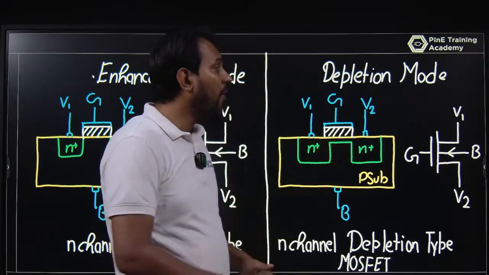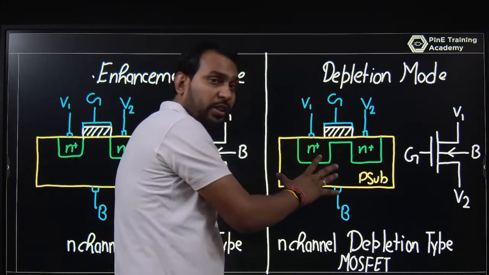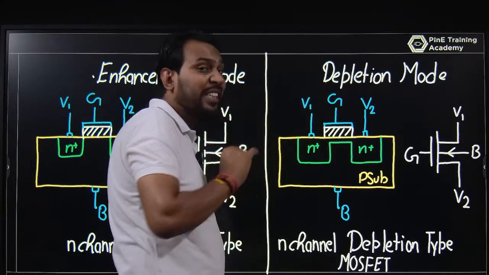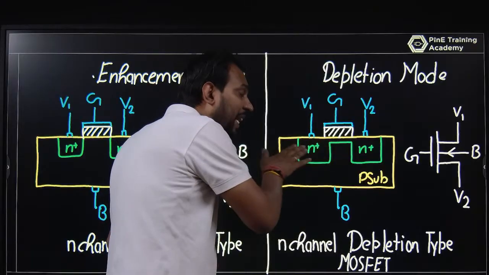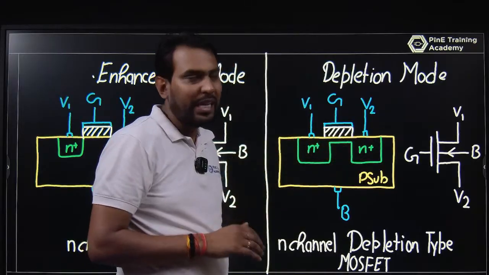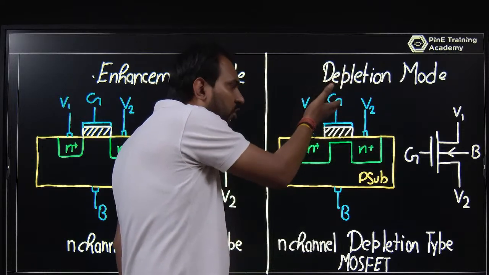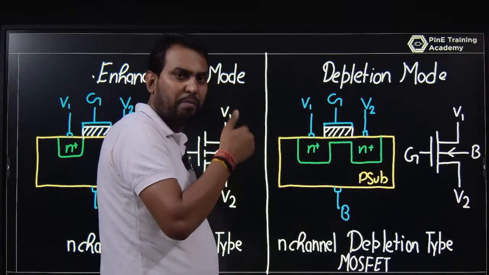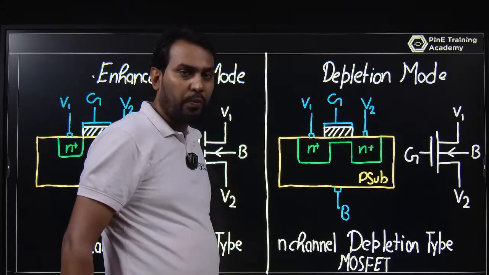Okay, and what is the meaning of depletion? If you are using an NMOS as a depletion MOSFET, you reduce your VGS to the negative side and the current would be zero. The channel is depleted. That's why it is called depletion. The channel is depleted once VGS goes below zero, to -1, -2, where the current will be 0.